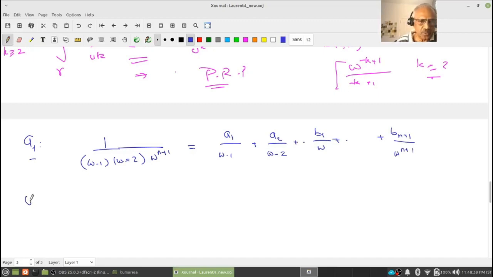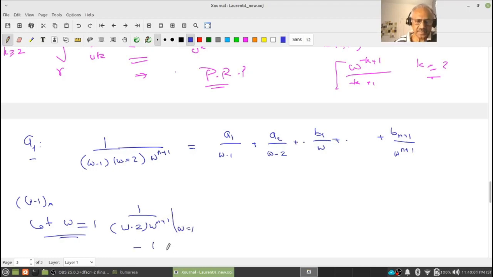Therefore, multiply both sides by w minus 1 and then let w equal to 1. These are the things which you will learn in your 12th standard integral calculus. Right? Therefore, what is this side? This side is going to be 1 by (w minus 2) into w power n plus 1, where w equal to 1. Therefore, it's going to be minus 1 on this side.